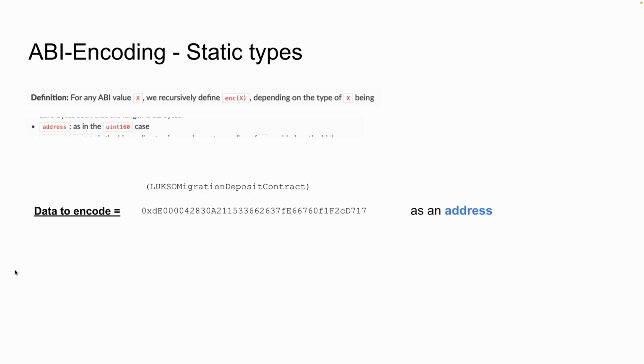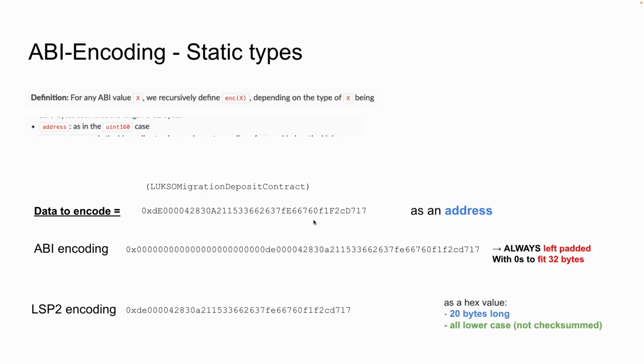What does that mean? If we take the example of this address, as this is the data that we want to encode as an address type, if we look at the ABI encoding format, that means that it's going to encode it as an unsigned integer of 160 bits. It's going to left pad it on the left side, so that it always fits 32 bytes.